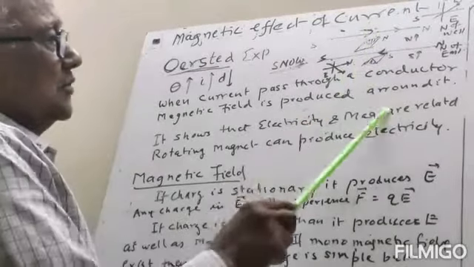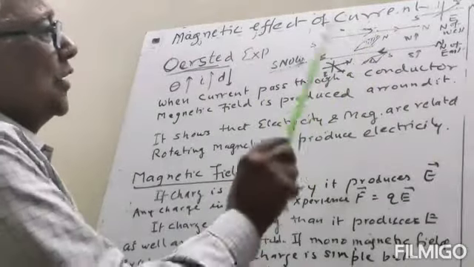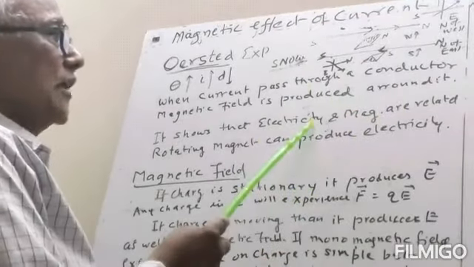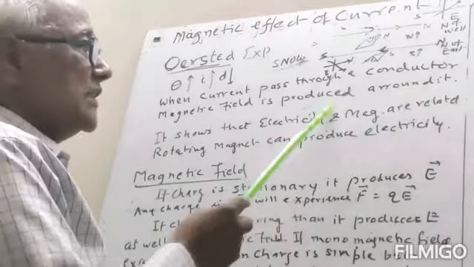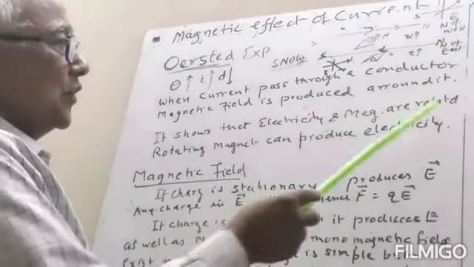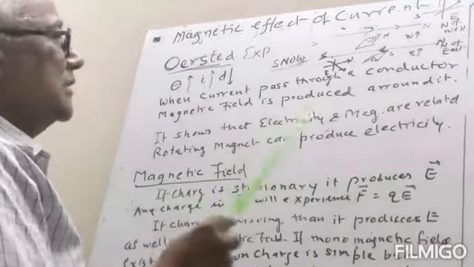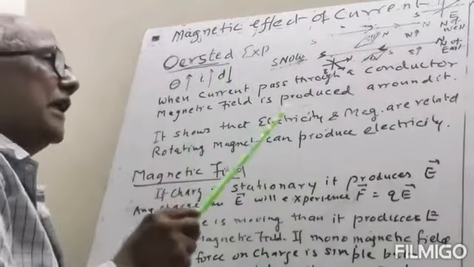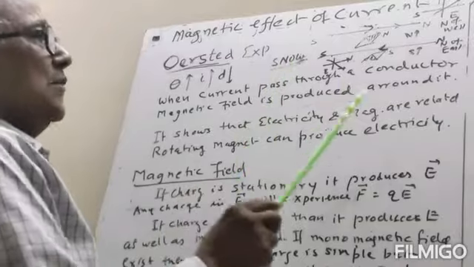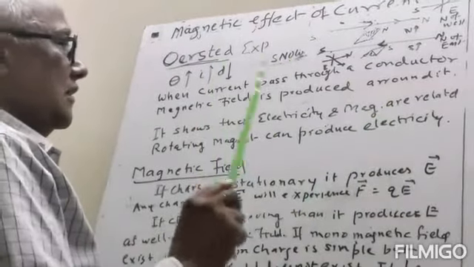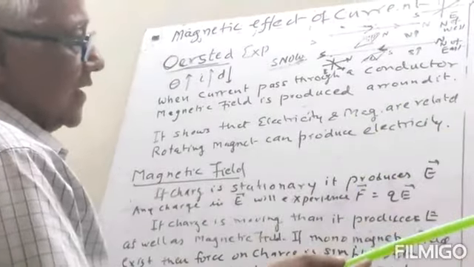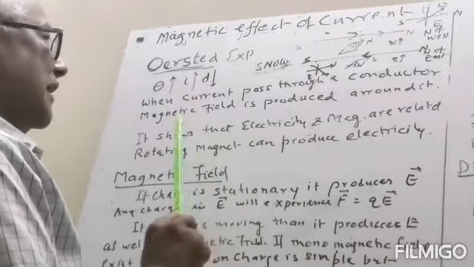Here we have shown that when we pass the current through a conductor, a magnetic field is produced. Now the reverse is also possible. If we change the magnetic field, if we rotate the magnet, then electricity will be produced. So we can say that electricity and magnetism are interrelated.